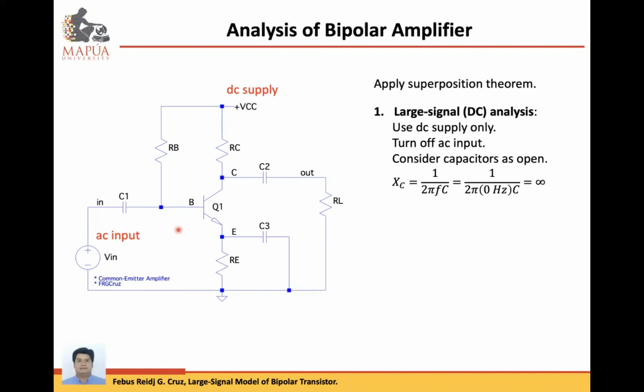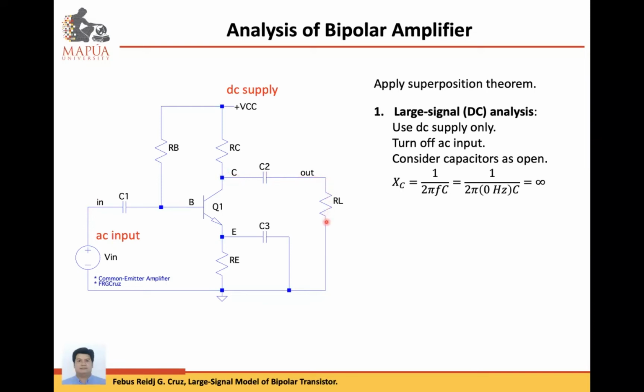In this example, we have capacitor C1 and capacitor C2. These are what we call coupling capacitors. They connect the AC signal. The input coupling capacitor C1 connects the AC input to the base terminal, while the output coupling capacitor C2 connects the AC signal from the collector to the load resistor.